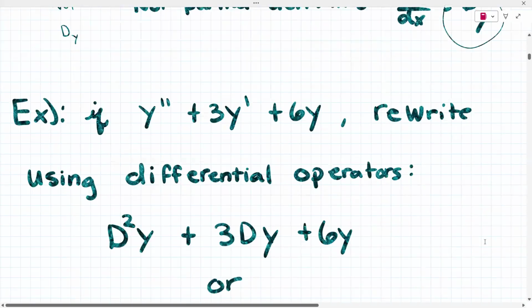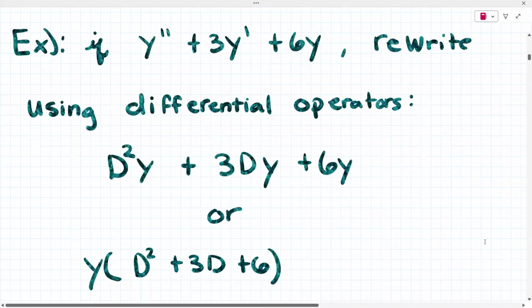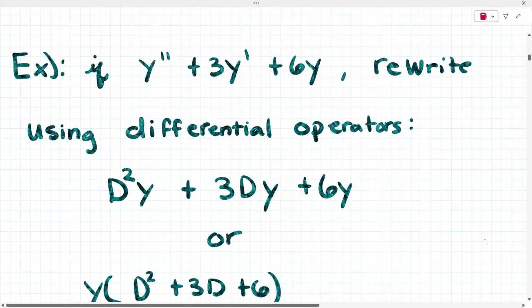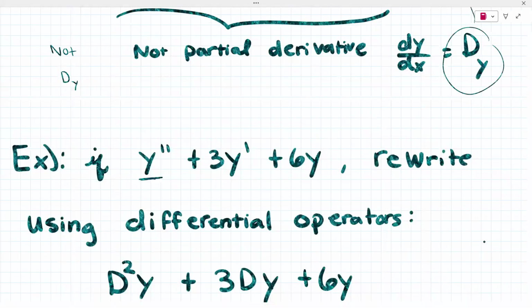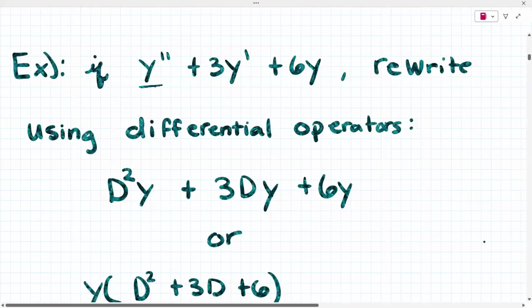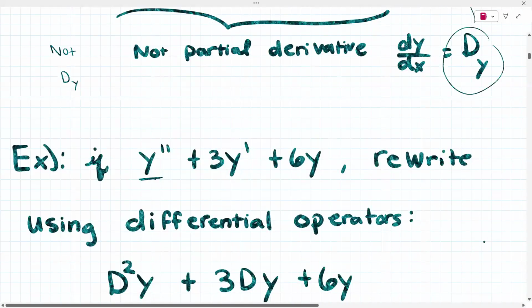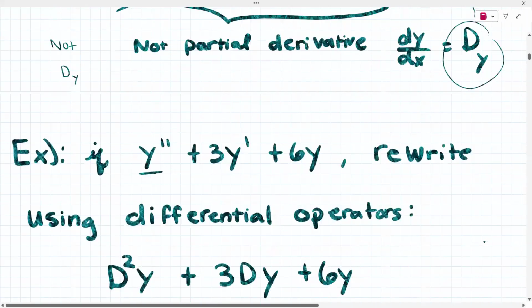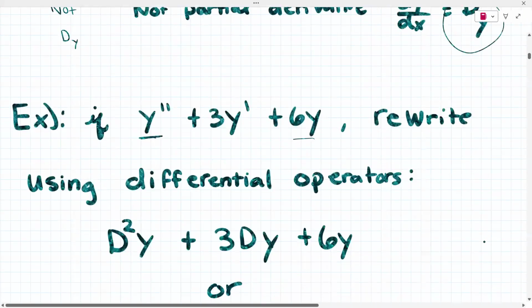If y double prime plus 3y prime plus 6y, rewrite using differential operators. So yeah, I did this a bit. I replaced y double prime with d square y. Then I replaced 3y prime with 3 dy, and I left 6y alone.